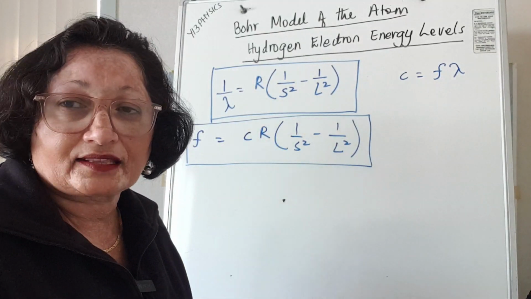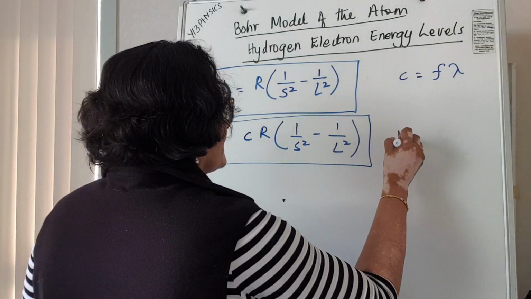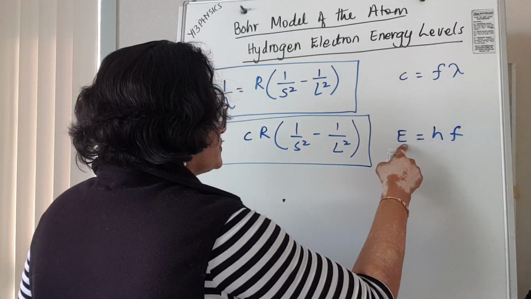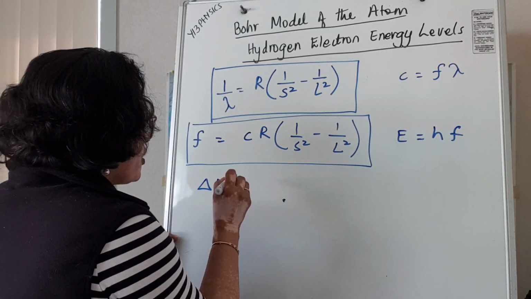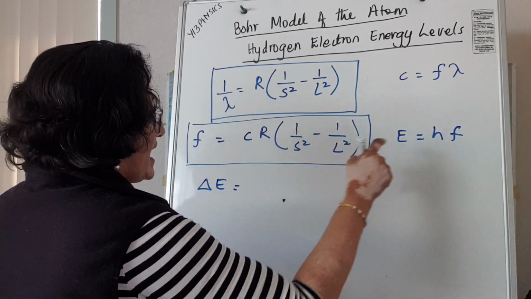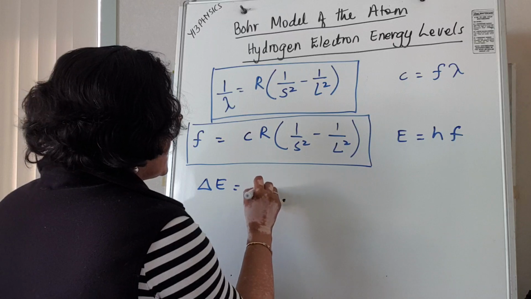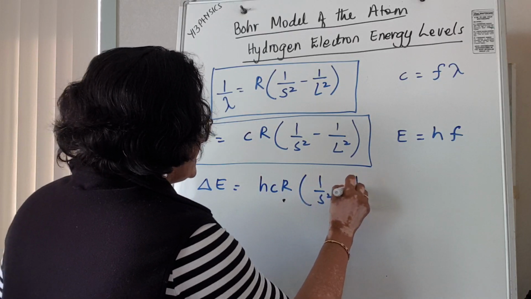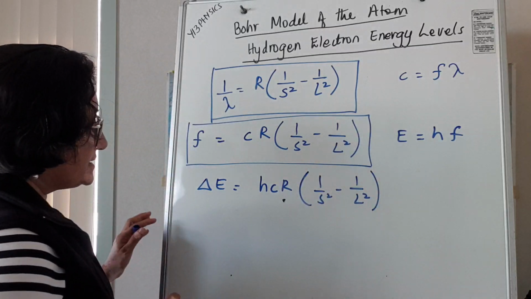Now we know that the frequency of a photon is related to its energy by E equals hf. So the energy of the photon that is given out or absorbed is h times the frequency. So you get hcR times 1 over S squared minus 1 over L squared.